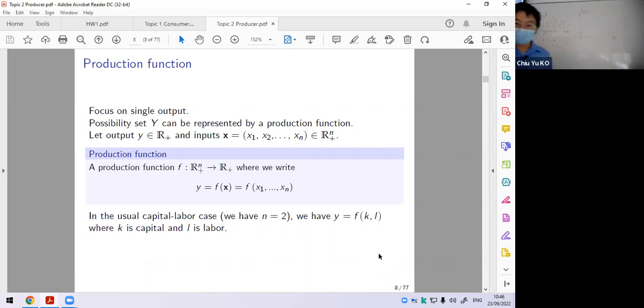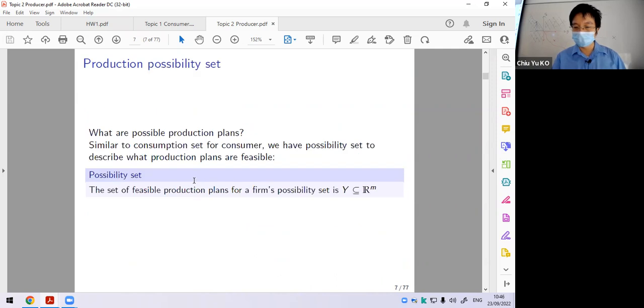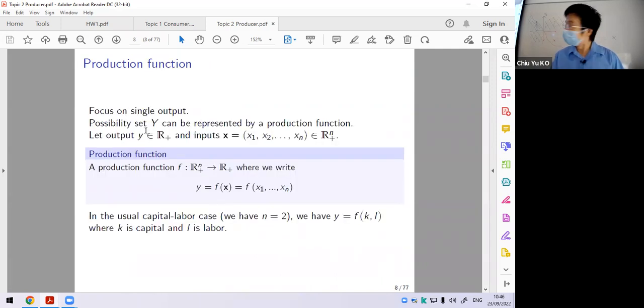To make our life easier, we just drop the notation; output is just Y, a non-negative output, and input is a positive number. So that's why we go back to this world. The only difference between this and the intermediate class is we allow the input to be n-dimensional. That is the only thing that extends from the intermediate class.